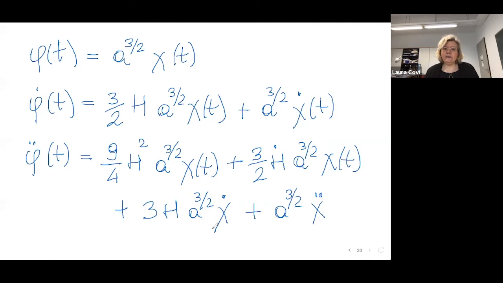And from this, you see that this expression here is exactly, in some sense, canceling out the 3H phi dot that you have in the previous expression, so that at the end, you get an equation which is, in some sense, a bit simpler.